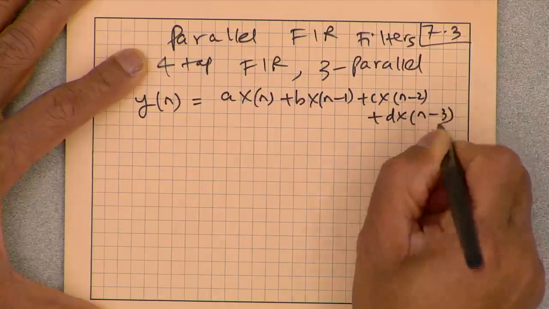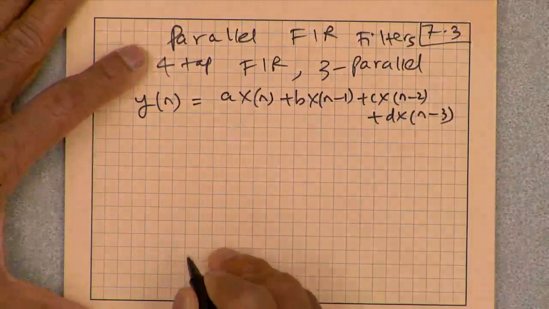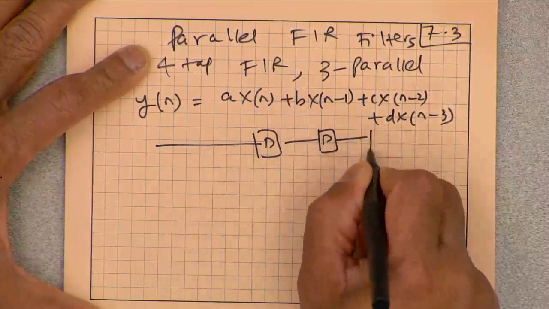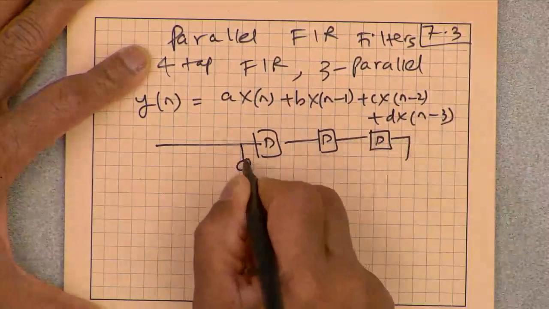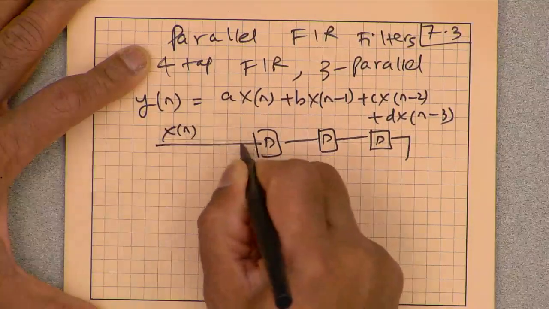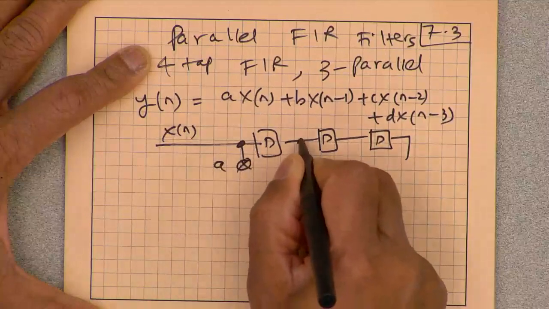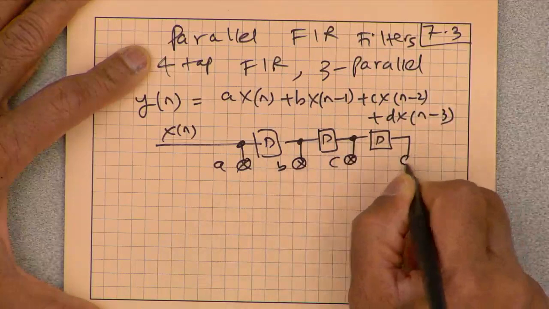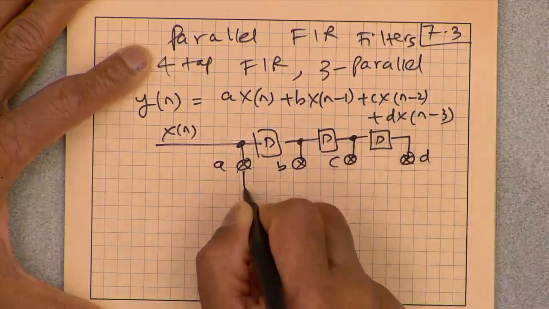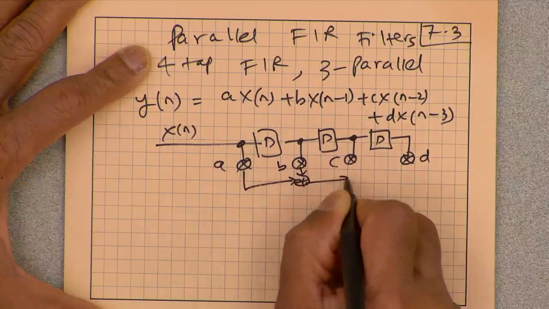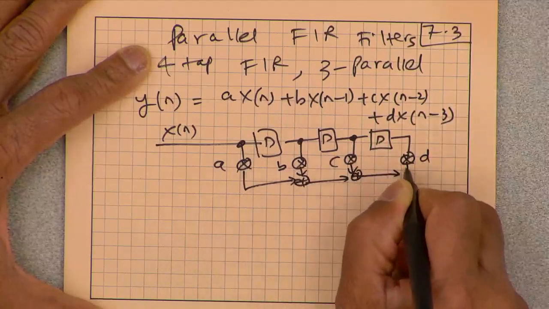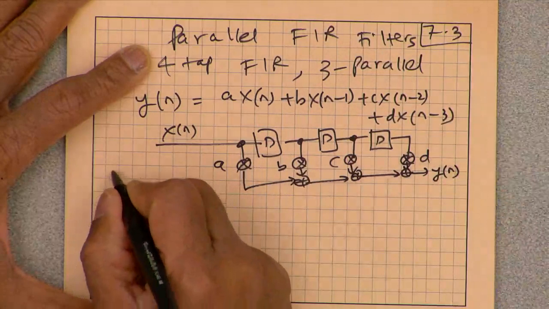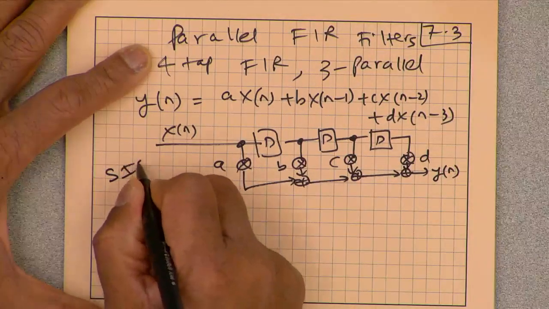So this is a 4 tap filter, with 4 coefficients a, b, c, d, and we know what the structure looks like. If the input is x[n], then a times x[n] plus b times x[n-1] plus c times x[n-2] plus d times x[n-3], and we add them up to get an output y[n]. This is a single input, single output system.